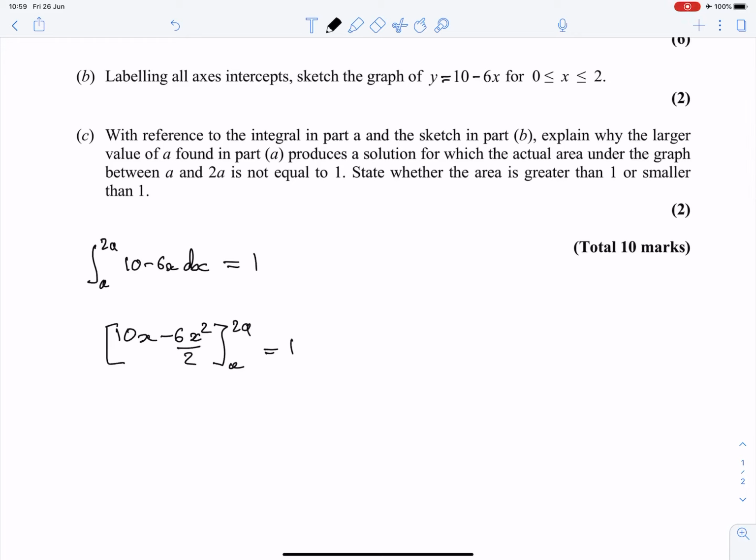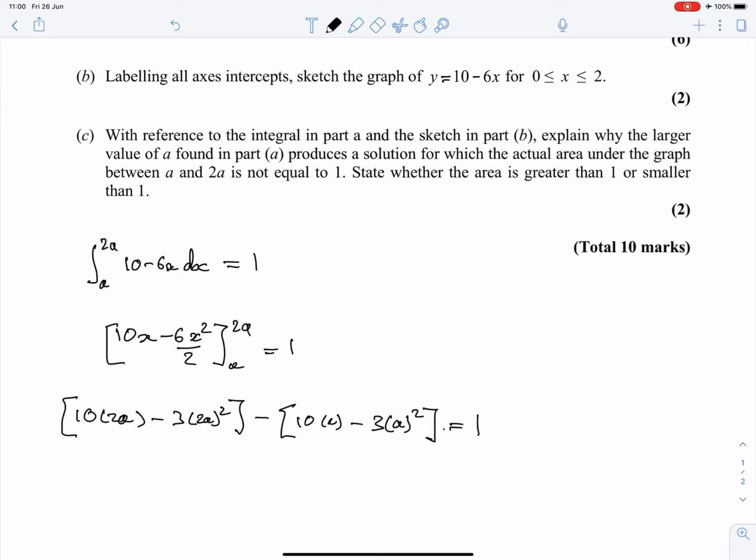Substitute in our limits, so 10 lots of 2a minus 3 lots of 2a squared, minus 10 lots of a, minus 3 lots of a squared is equal to 1.